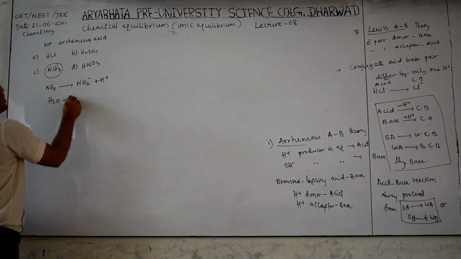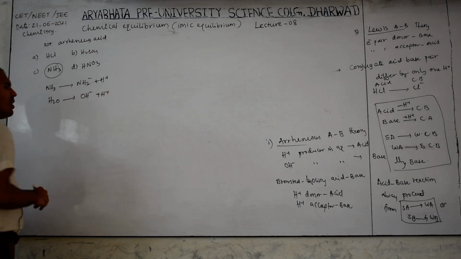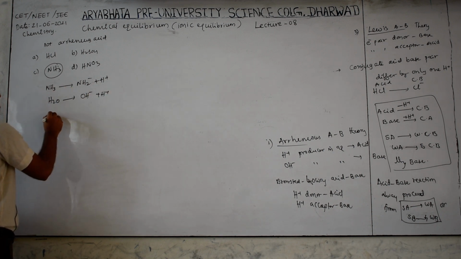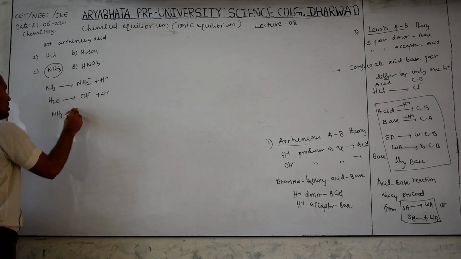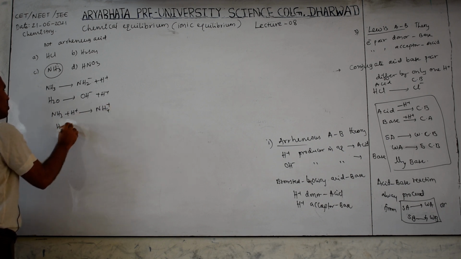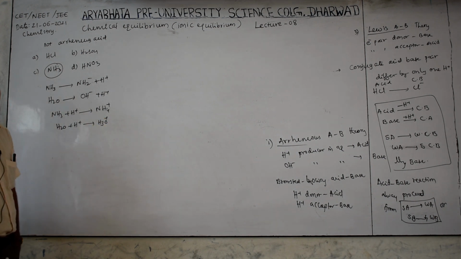Now H2O, it donates H plus to give OH minus. So these can donate the proton and also accept the proton. NH3 plus H plus converts into NH4 plus, H2O plus H plus converts into H3O plus. Therefore these are amphoteric in nature.